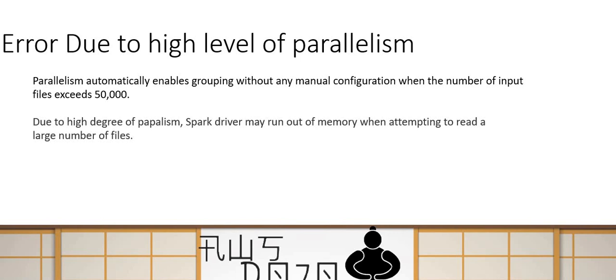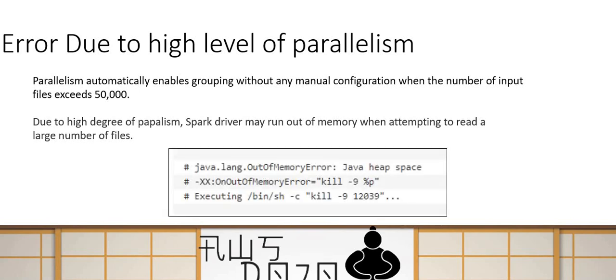And here comes the problem. If your number of files is a lot, of course more than 50,000, then due to a high degree of parallelism, your Spark driver may run out of memory when trying to read a large number of files, and you get an error something like Java heap space out of memory error.